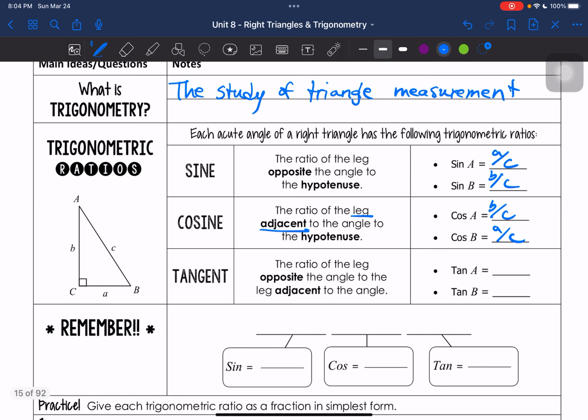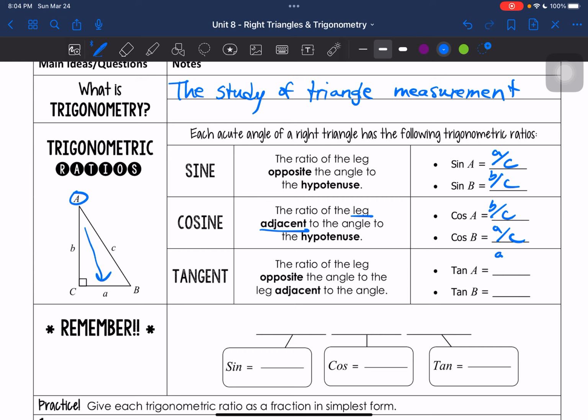Lastly, we have tangent, and that is the ratio of the leg opposite the angle to the leg adjacent to the angle. So if we're going to look for the tangent of A, on the top we want the side that's opposite it.